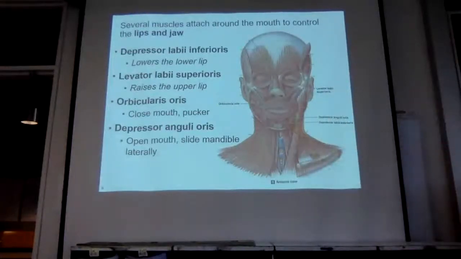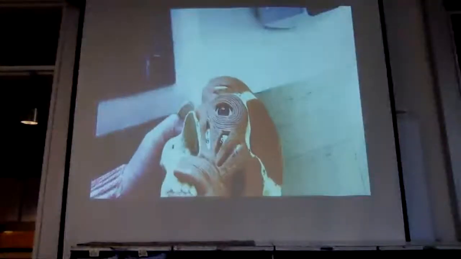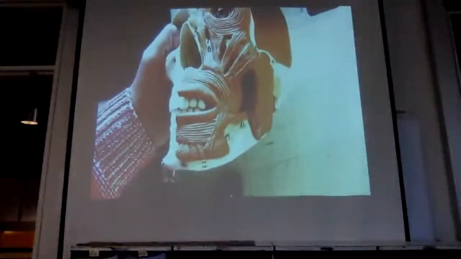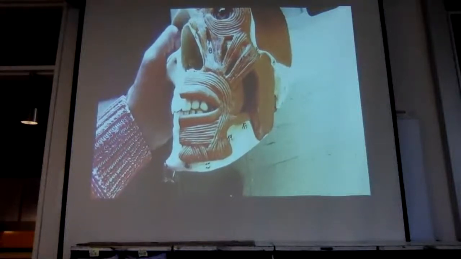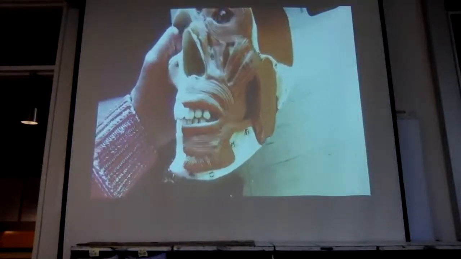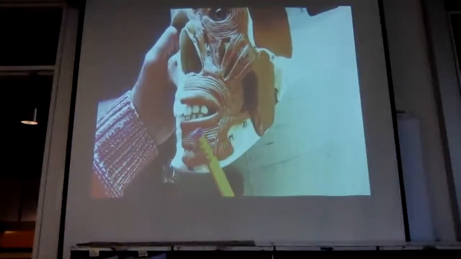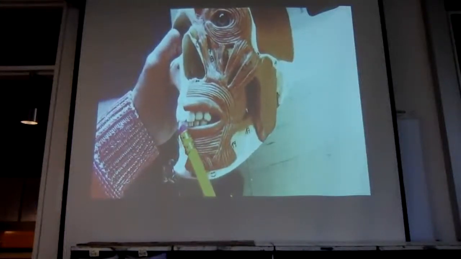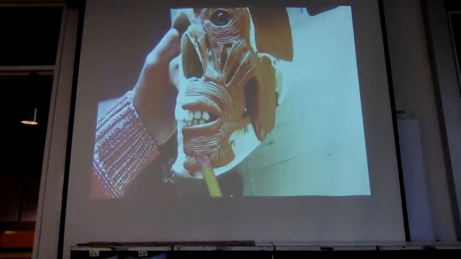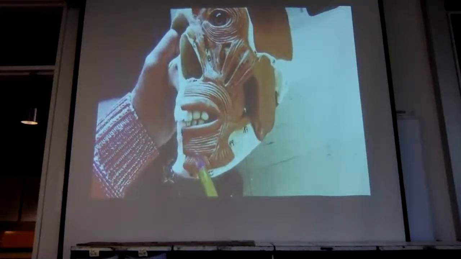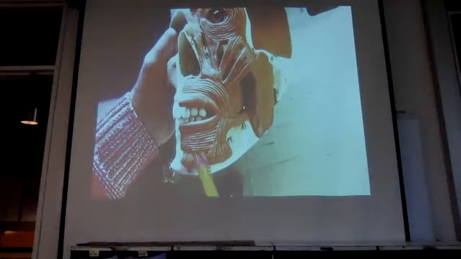Going below the mouth, we've got, which one? Okay, so there's a bunch of muscles down here. Starting in the middle of the lip and then going diagonally, a tiny bit diagonally, this one, it's like the opposite of this one.